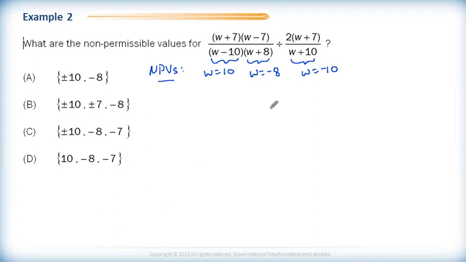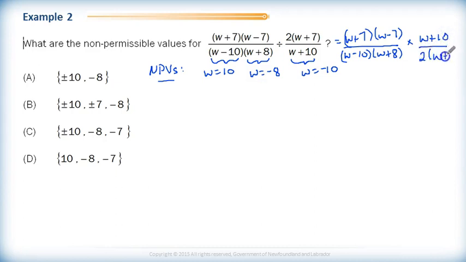However, recall, when we divide, we have to multiply by the reciprocal. So now we've got to think about w plus 7 times w minus 7 over w minus 10, w plus 8, times w plus 10 over 2 outside of w plus 7.